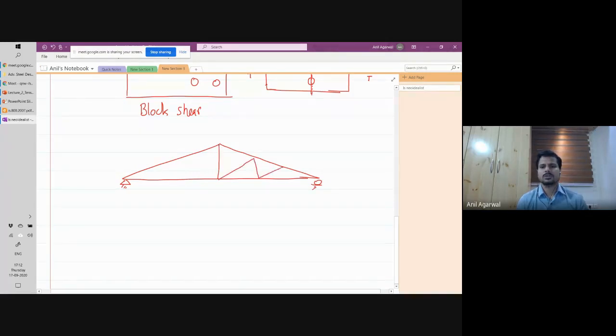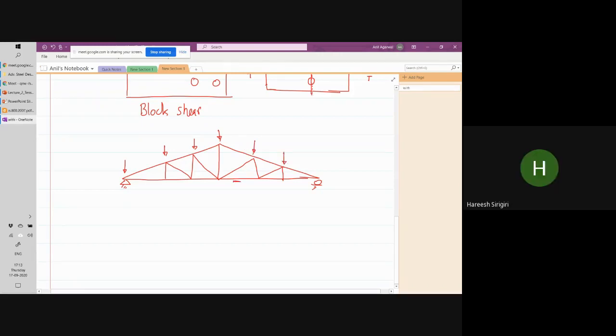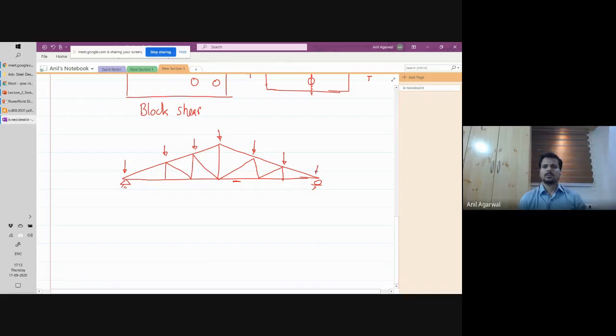Under gravity loads, the bottom chord will always be in tension. Where is the bottom chord? This one, right? So under gravity loads, the bottom chord will always be in tension.